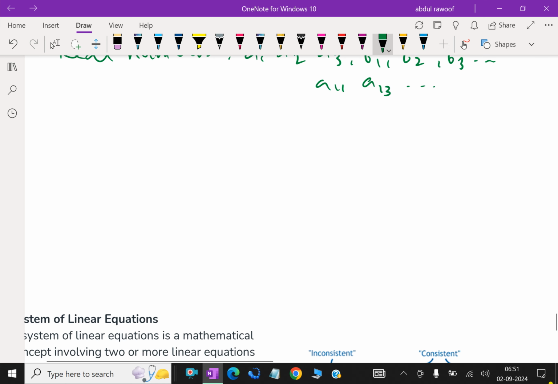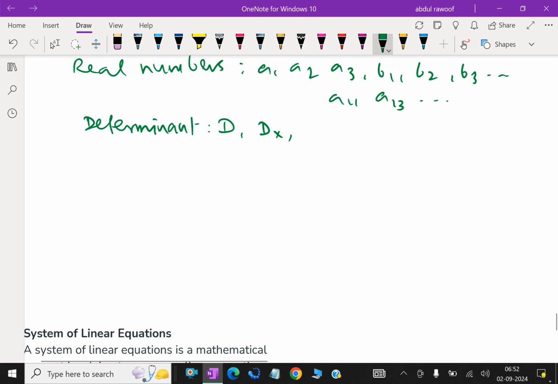Determinant. Determinant is written as D, Dx, Dy, Dz, like we can indicate.